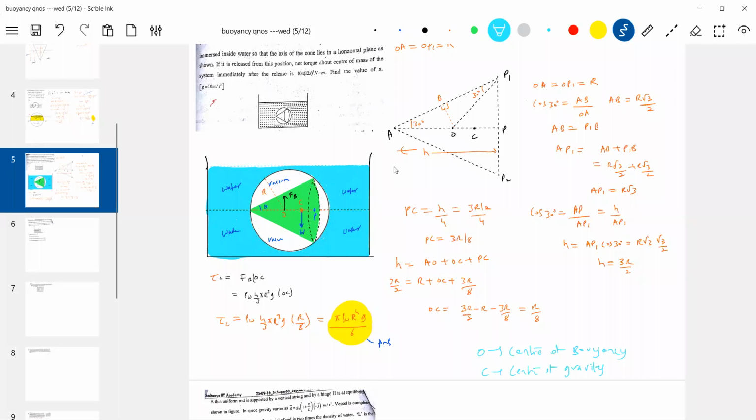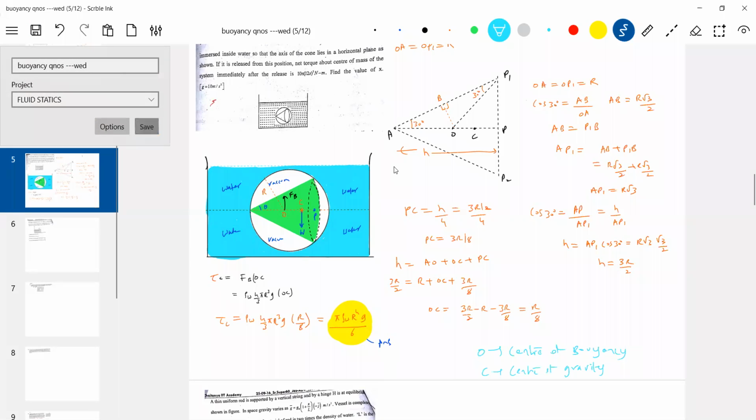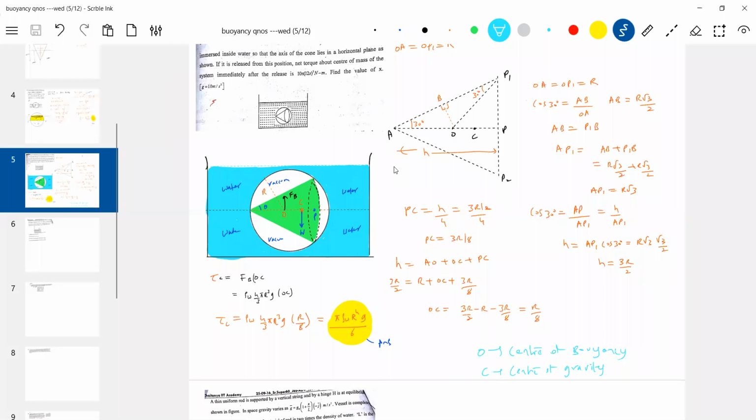Center of gravity. Okay, need not bother. Density of water, density of cone not needed.